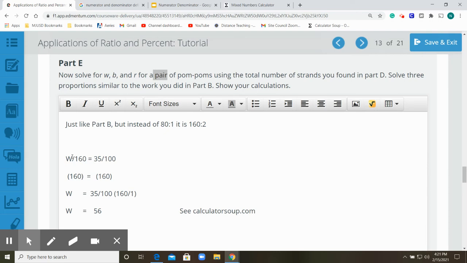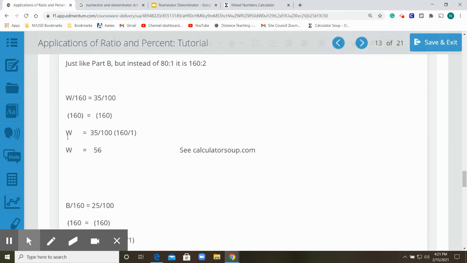So the number of white strands in a pair of pom-poms is out of 160. And it's still the same percentage, 35 over 100, 35%. So we multiply out the 160, do it to both sides.